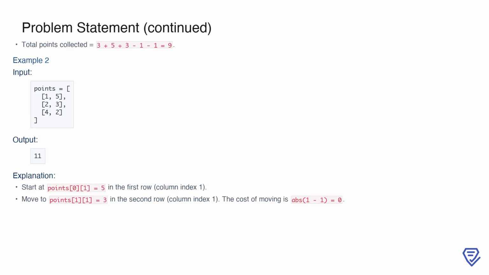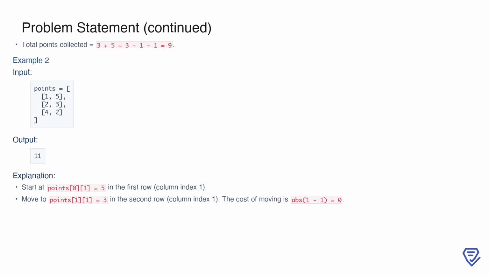Now, let's consider another example. Here, the input matrix is [[1,5],[2,3],[4,2]]. The output for this case is 11. To achieve this, start at points[0][1] = 5 in the first row, which is the second column. Then, move to points[1][1] = 3 in the second row, staying in the same column.